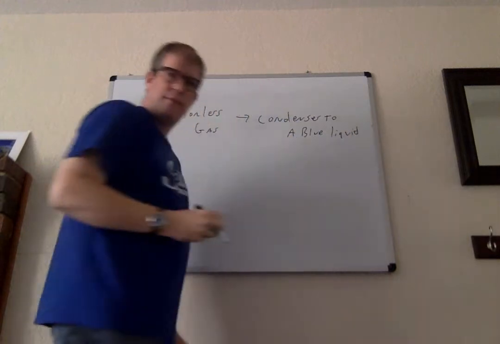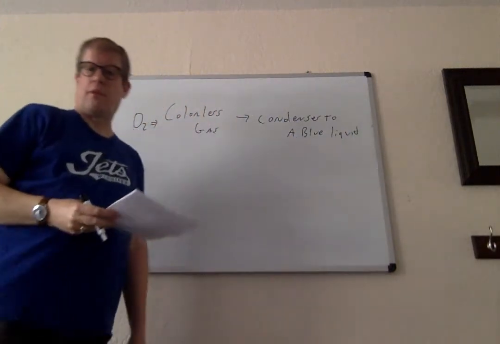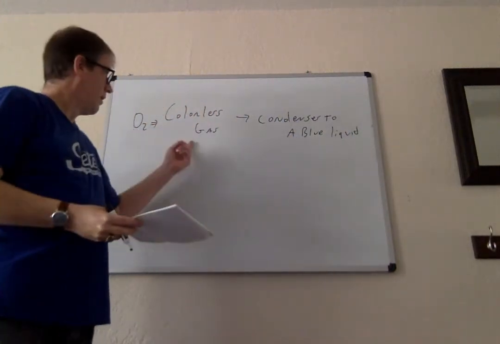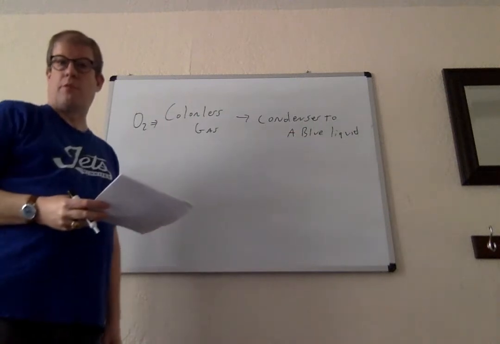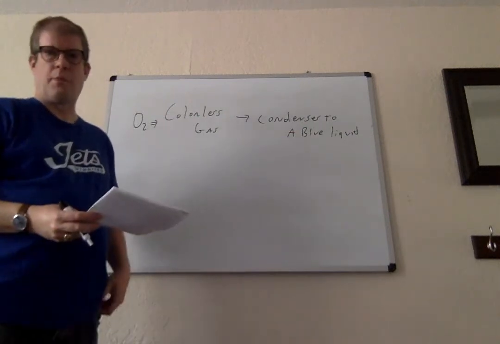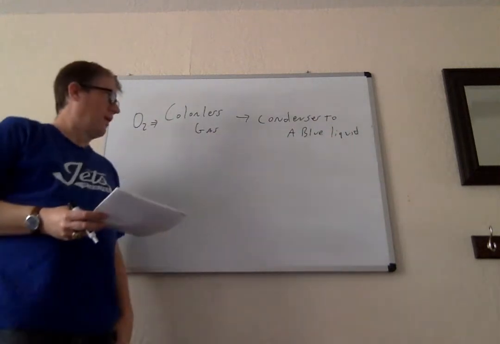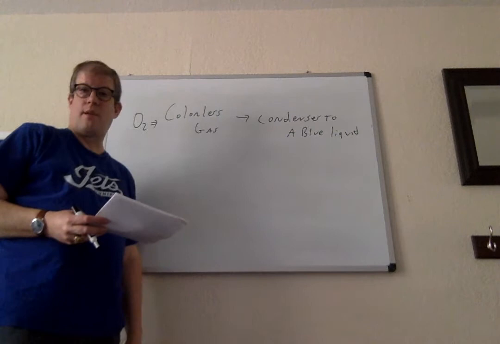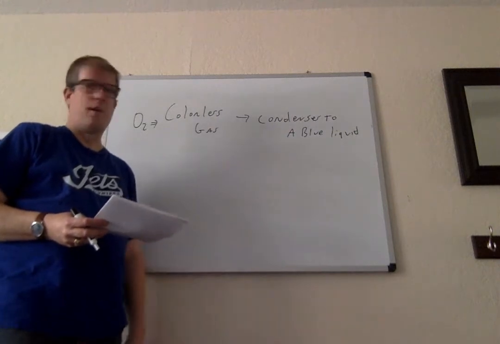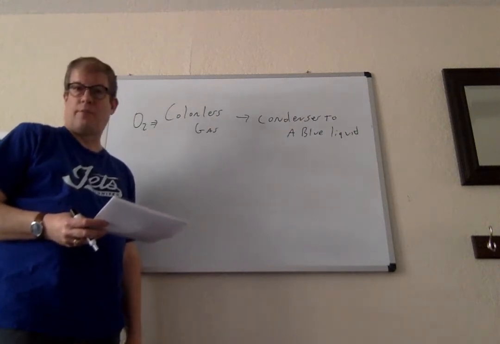And you can condense it, and when you do, you get a blue liquid out. That's because the spin state changes from a triplet to a singlet. You don't need to worry about what that means, but you can find pictures of this sort of thing on the internet or videos. Problem with the blue liquid, the liquid oxygen, is it's highly explosive.